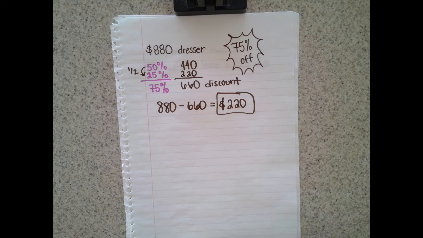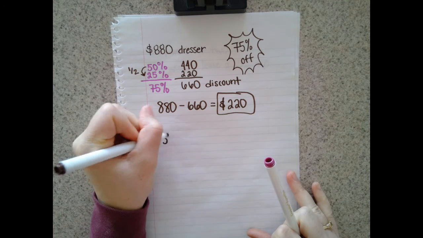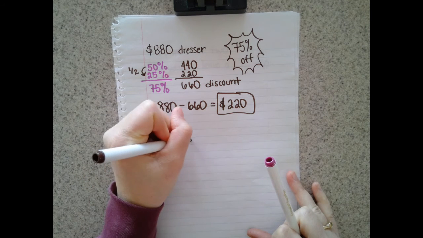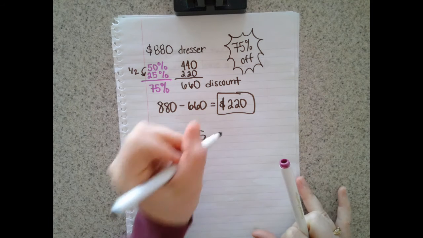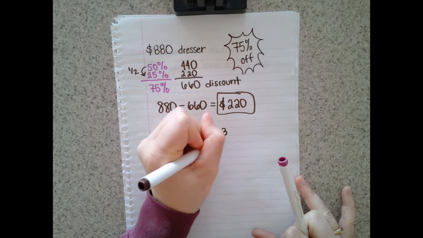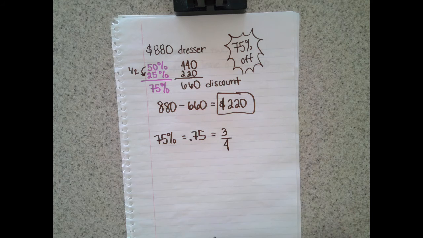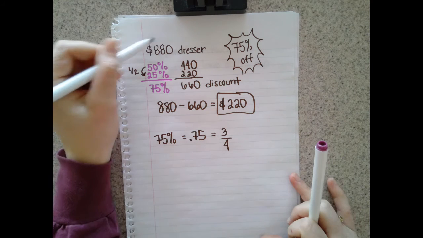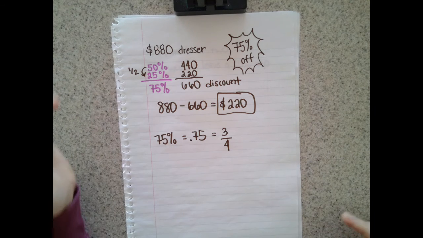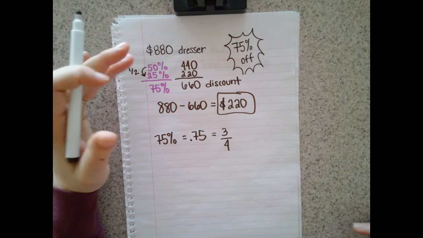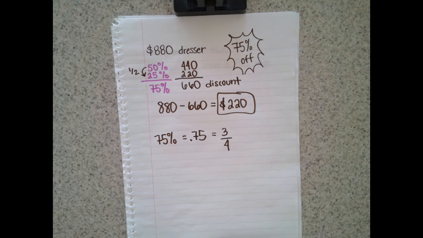Okay, there are other ways of dealing with 75%, kind of recognizing that 75% is the same thing as 0.75, which if you're thinking about quarters, that's 3 quarters out of the total 4 quarters. Okay, so you could always split this price into fourths and take off, discount 3 of those 4 pieces.